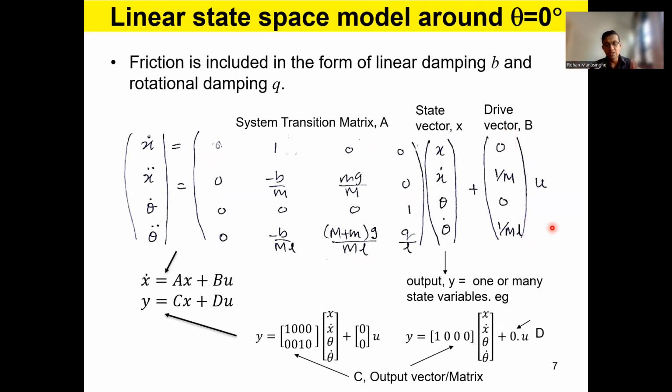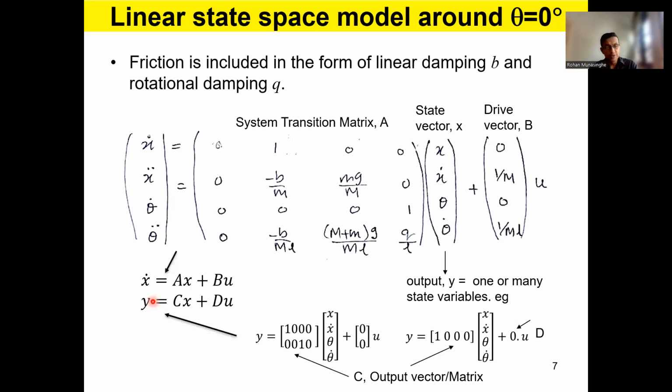And this is your nice and neat state space model. Again, this is the linearized state space model. So you figure out x dot equals Ax plus Bu, y equals Cx plus Du, where A is this. If you look at C and D, of course, D we set to 0. There's no direct relationship between U and Y. U is related to x dot in some way, but U is not directly related to Y.